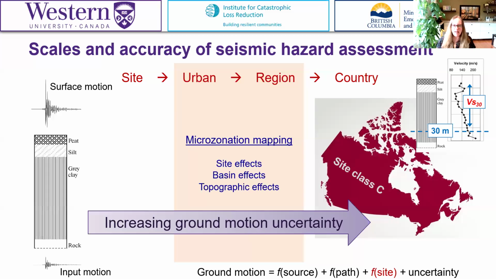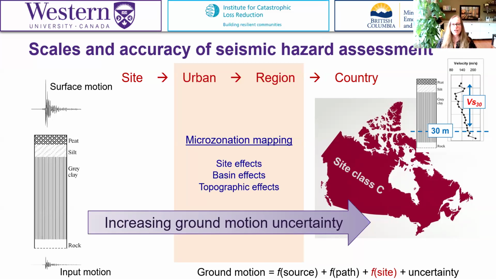And at the national scale, because Canada is so big, we're considering millions to tens of millions of sites. And so I think it's understood or logical to assume that how accurate we can be in that ground prediction is going to decrease as we push to bigger scale.